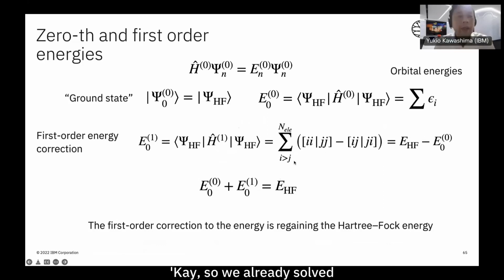Okay, so we already solved the zeroth order Schrodinger equation. And so the wave function we get is the Hartree-Fock wave function. And the zeroth order energy uses the Hartree-Fock wave function and the zeroth order Hamiltonian, which is the Fock operator. And what we get is this.